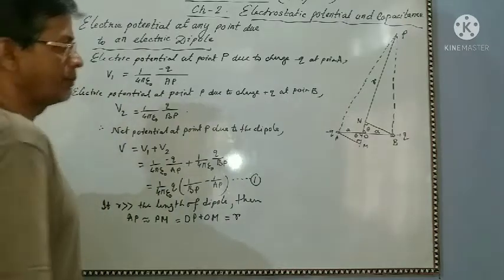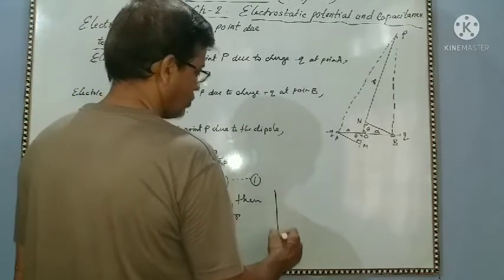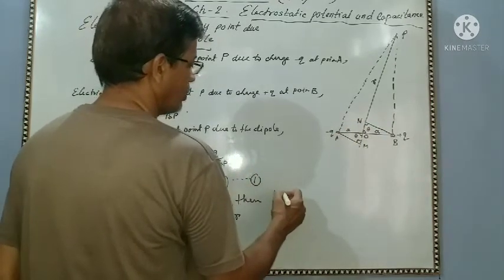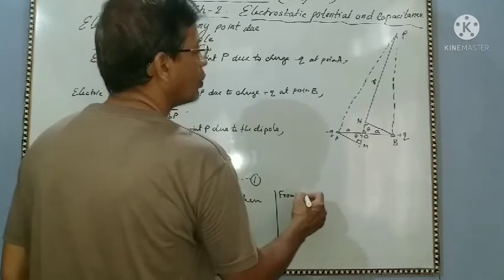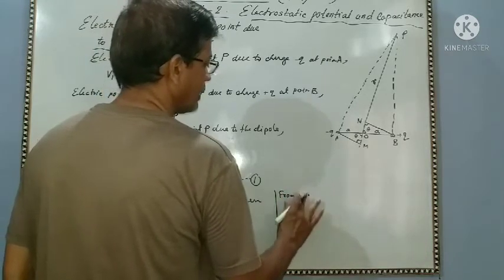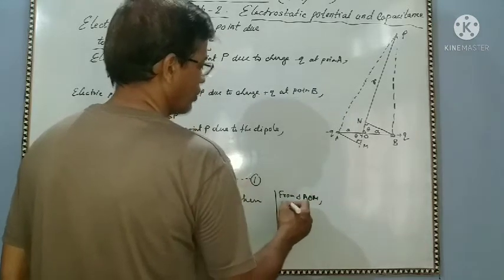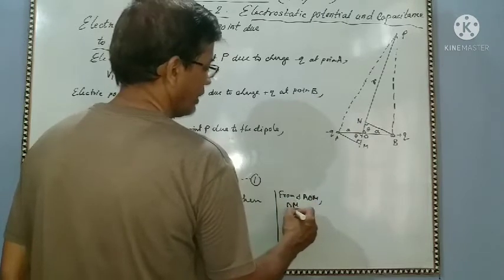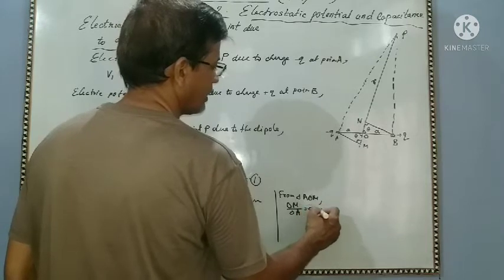Now what is OM? From triangle AOM, OM by OA equals cos theta.